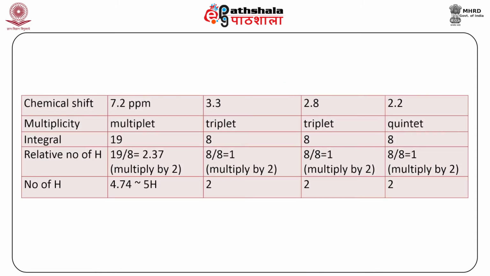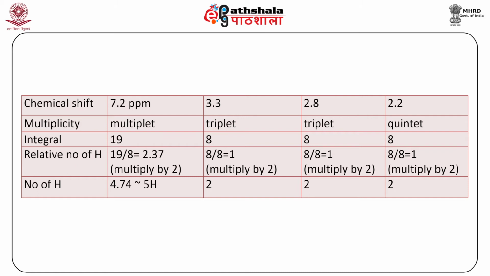The NMR spectrum of the given compound shows the number of hydrogens for each peak, which could also be found out by the given tabular formulation, wherein this formulation indicates the chemical shift, the multiplicity, and the integral values, and from the integral values we find out the relative number of hydrogens present, and finally we come to the conclusion about the actual number of hydrogens present in the given organic compound.